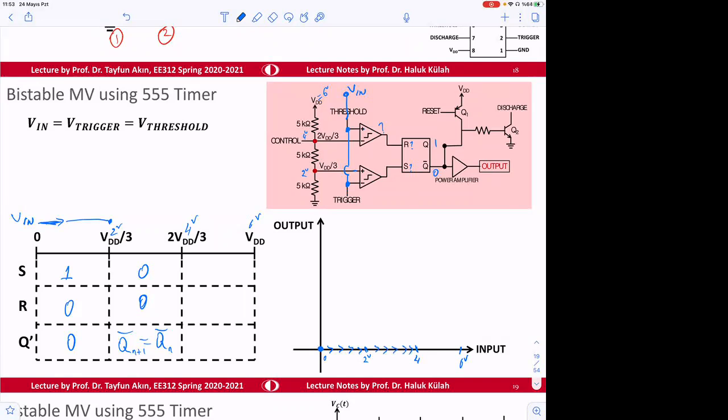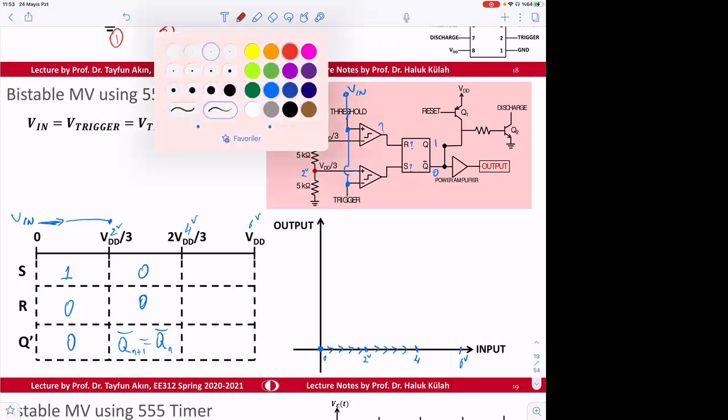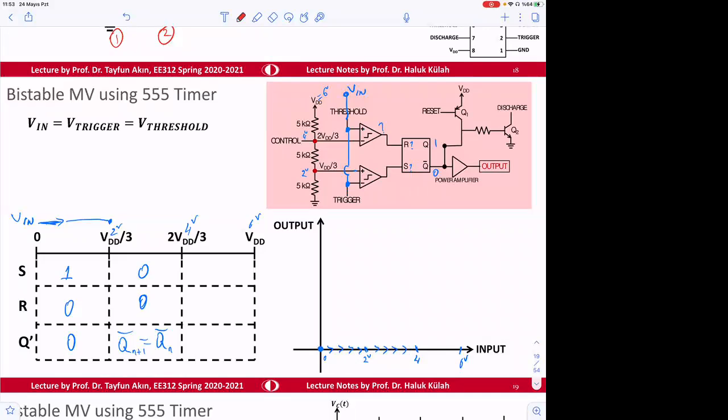value, until the input becomes beyond 4 volt. Because if the input goes beyond 4 volt, then S will remain at 0, but R will go to 1, reset. Maybe I should select a different color there, maybe red.